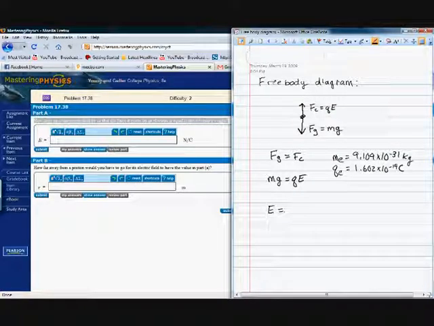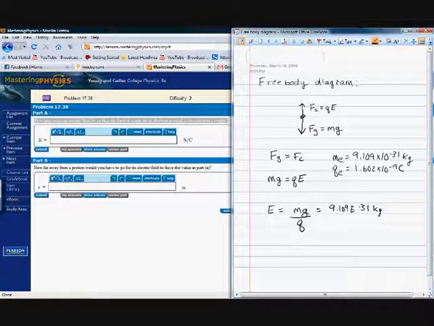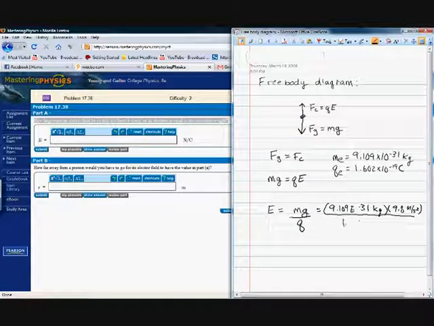Anyway, solving for the electric field, we get that it's mg over q, which is equal to 9.109 times 10 to the negative 31st kilograms times 9.81, or 9.8 meters per second squared, all over the charge, 1.602 times 10 to the negative 19th coulombs.